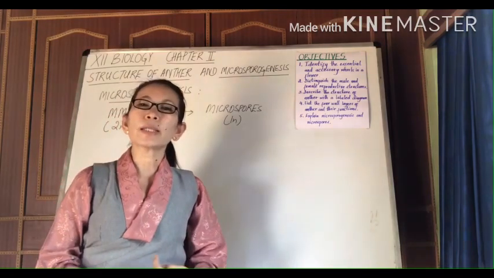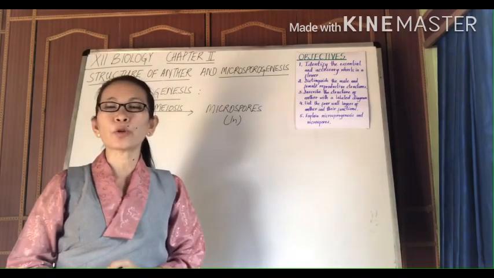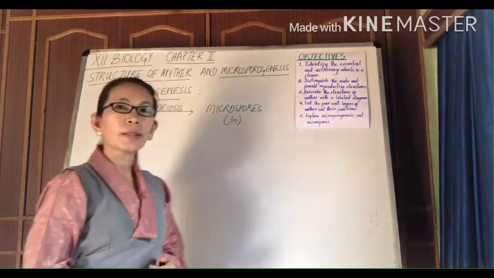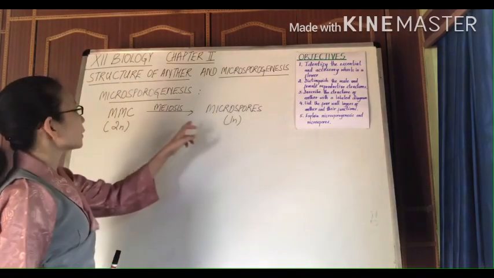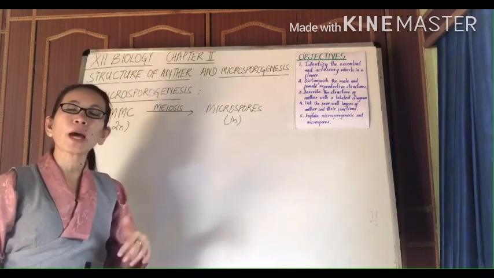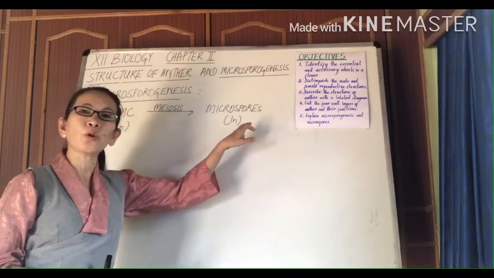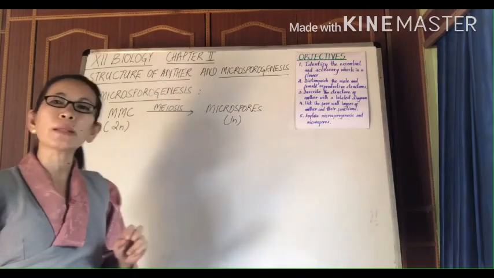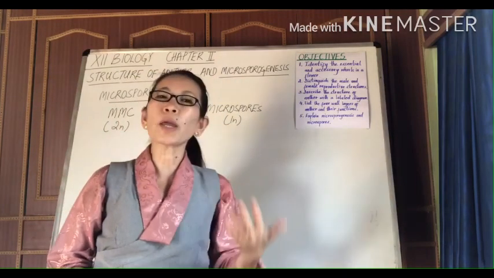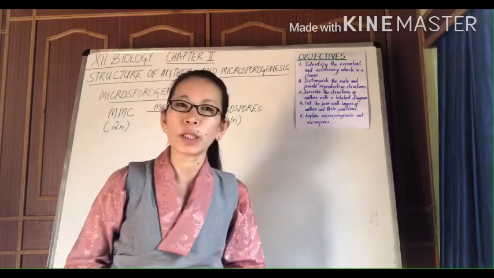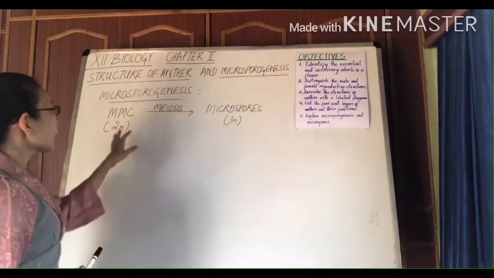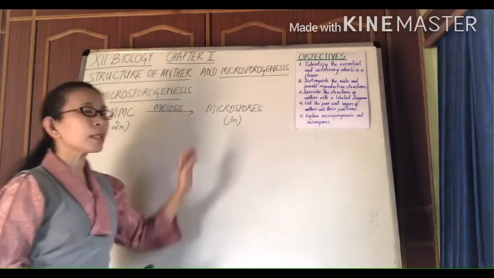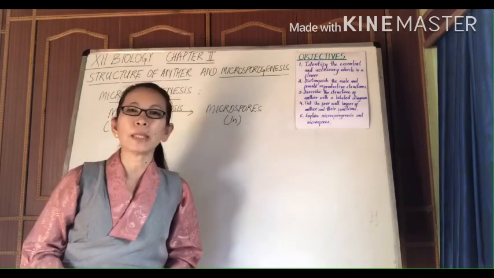Finally, let's try to understand the process of microsporogenesis. As I said earlier, microsporogenesis is the process through which we have the formation of the haploid microspores from a diploid microspore mother cell through meiosis in Microsporangia. Right? Now, let's get into the details of how this process is completed.